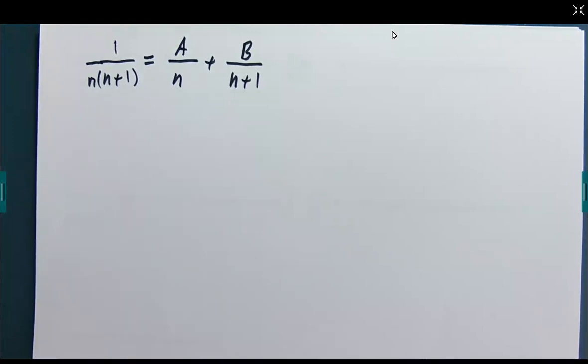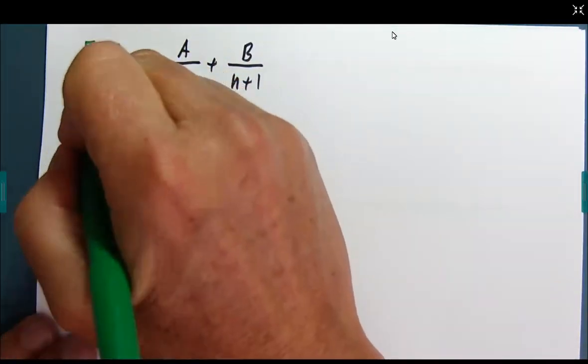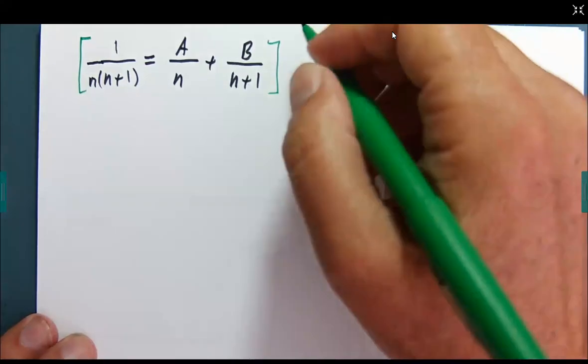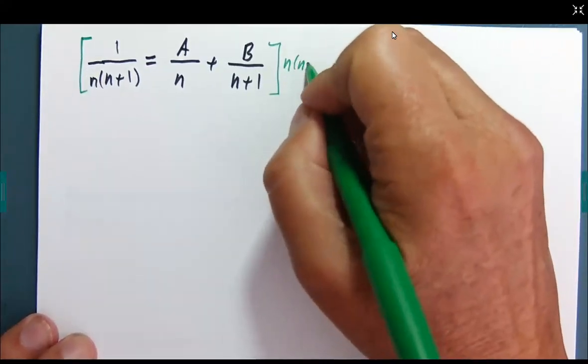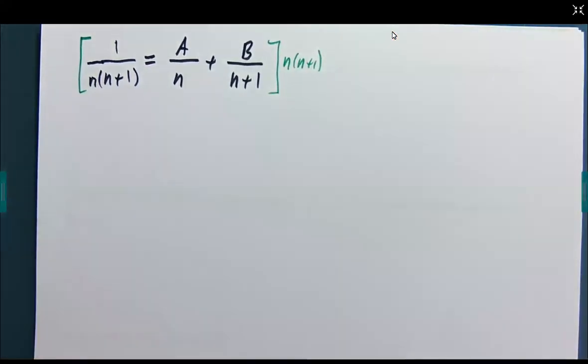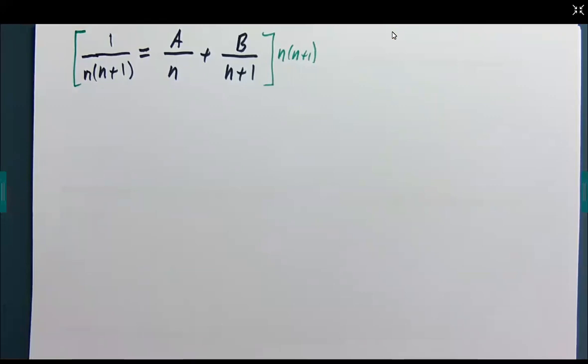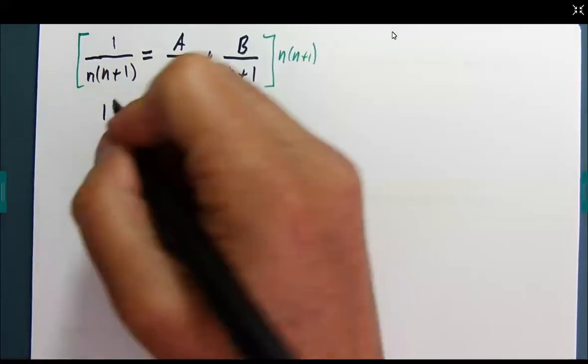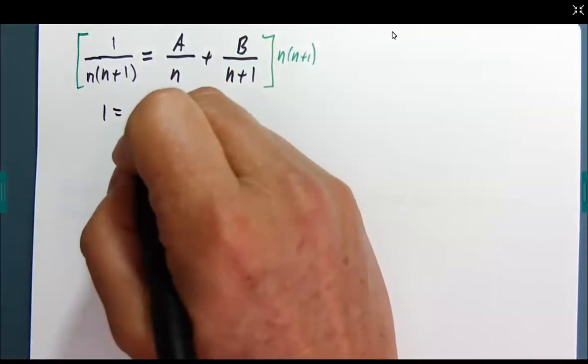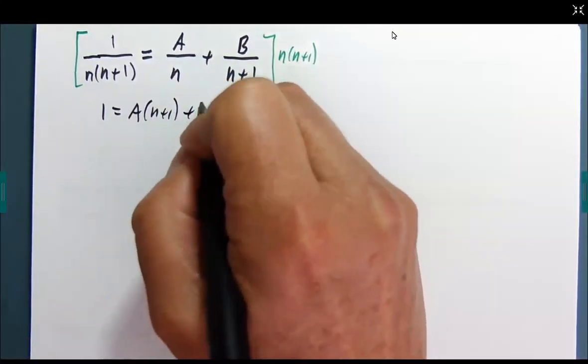So we have this here, and I'm going to multiply through by the LCD, which is n times n plus 1. And then I'm going to get 1 equals a(n plus 1) plus bn.